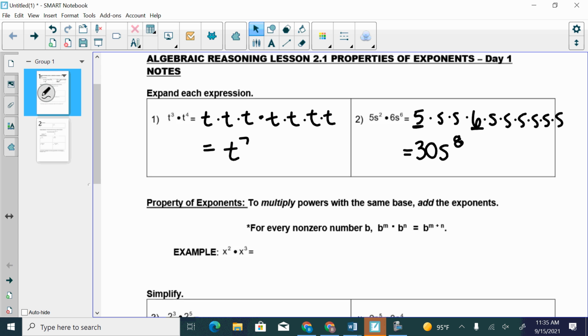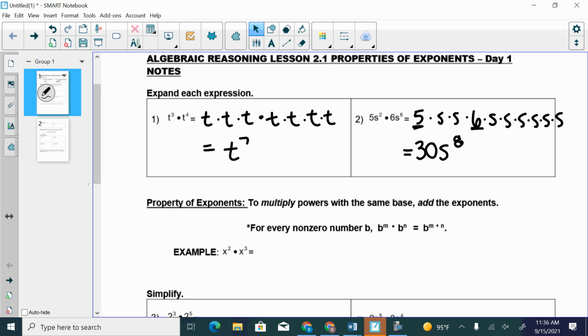Okay, so based on what we just did here, what are we going to do with our exponents to come up with our answer? What did I do with my exponents to get 7, 3, and 4? Added, right. Here, 2 plus 6 would give us 8. So anytime you're multiplying and you have that common base, you just add up your exponents.